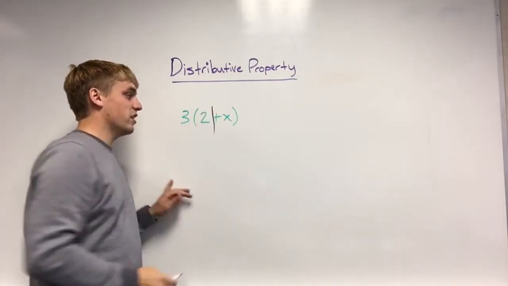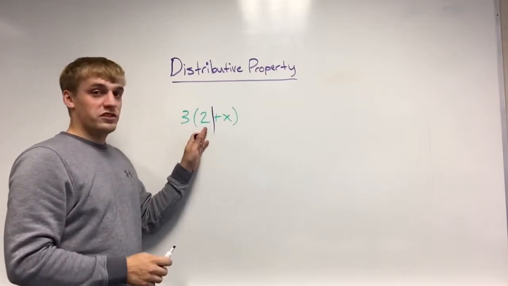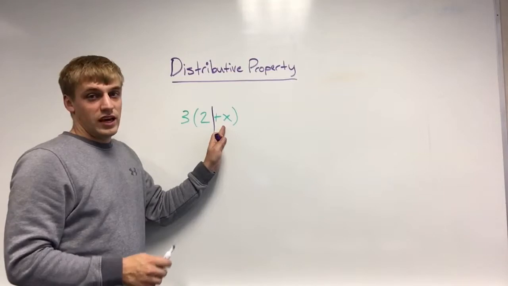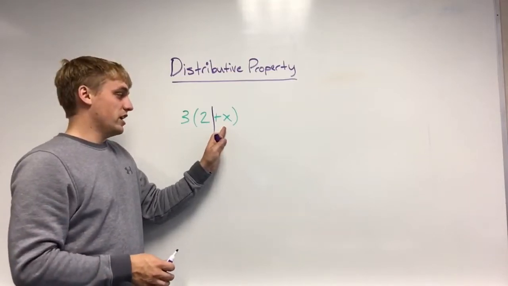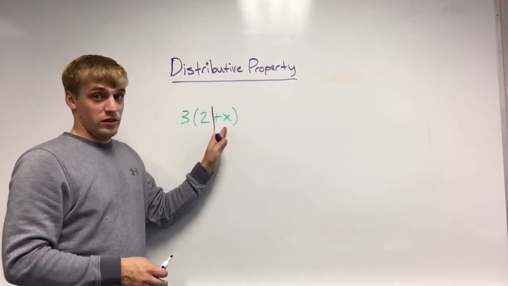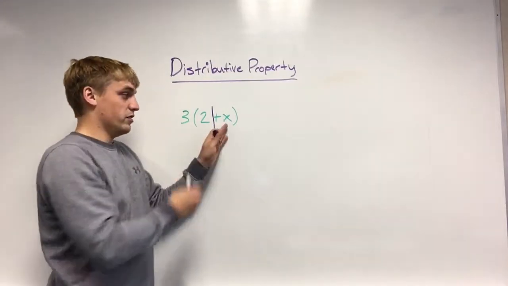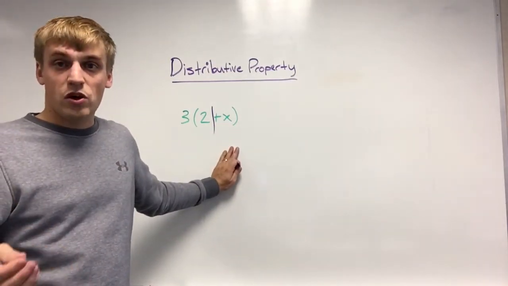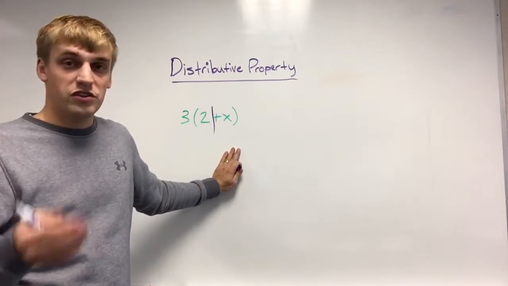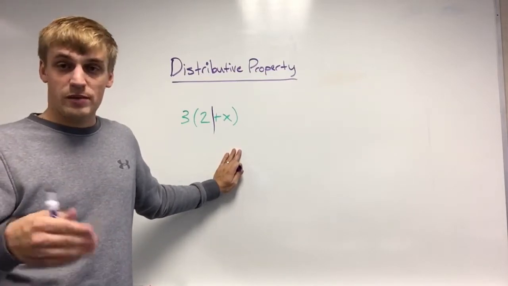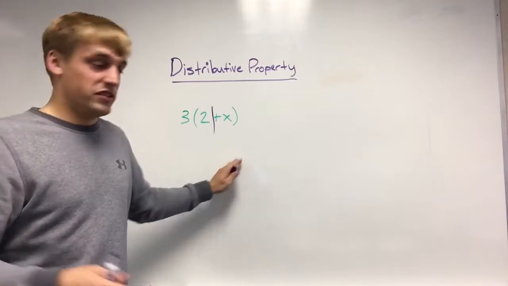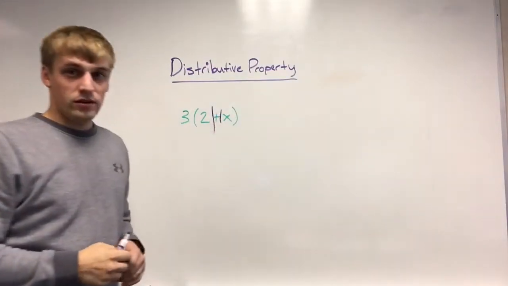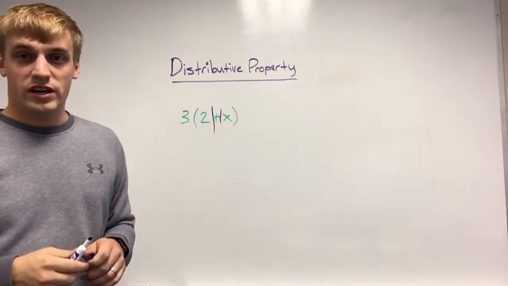The plus sign's there, so we have 2 as a term inside the parentheses, and x. X is all by itself inside the parentheses. That's the second term. Remember, if x is all by itself, the coefficient is 1. It's just understood. We don't write it because 1 times anything is just itself. So I'm just going to write in a 1 there, just so we know it's there.